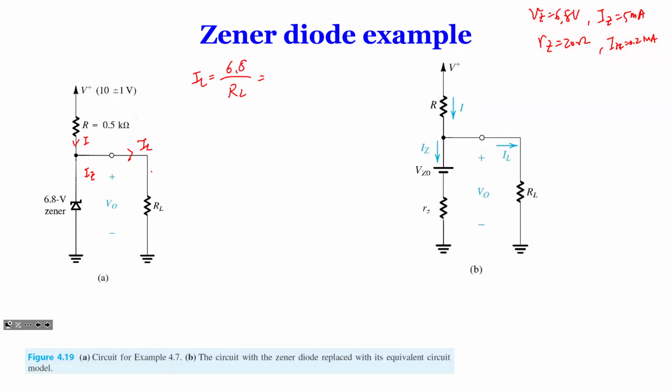Was RL given? No, RL was not given. But we can calculate I. That's going to be 10 volts minus 6.8 divided by 0.5K. So it's 6.4 milliamps.